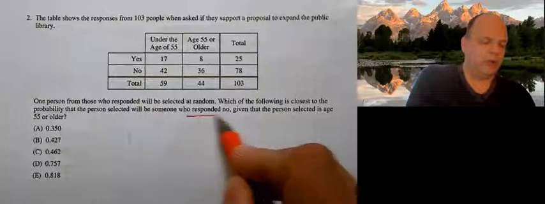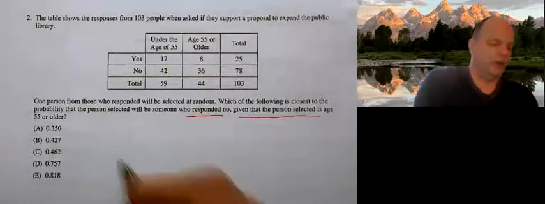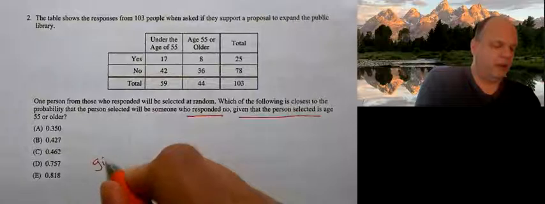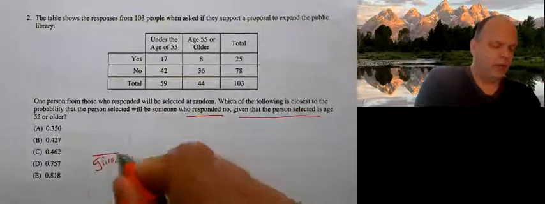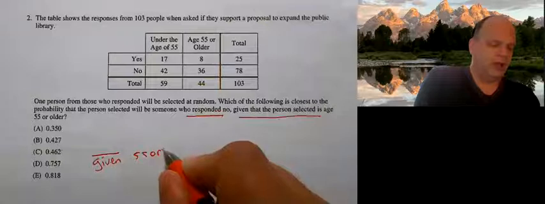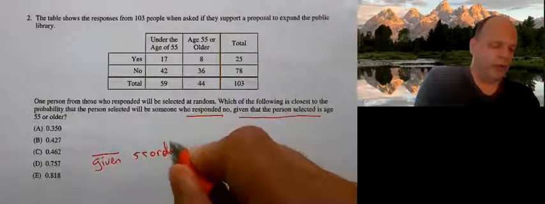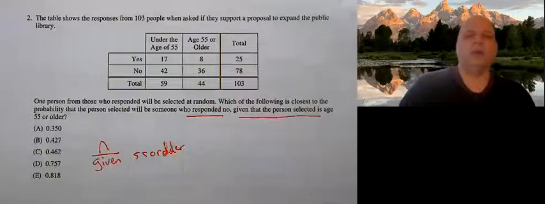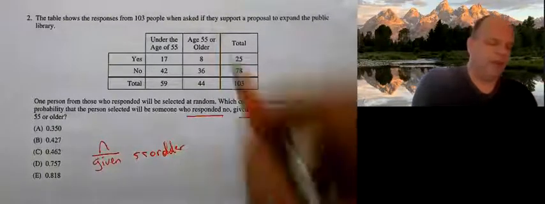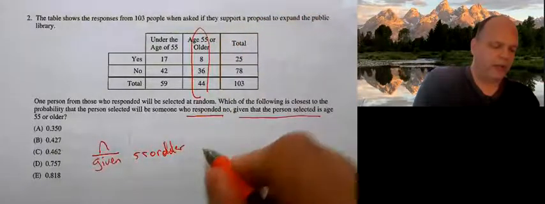So we're looking for responded no, given that the person selected was 55 or older. So we have the given of 55 or older, and given is always in the denominator. And the intersection will be in the numerator. So 55 or older, that's our given, that's what's in the denominator.